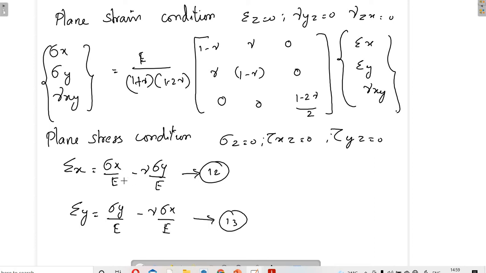Now I am going to eliminate the sigma y term as in the case of the previous derivation. So multiply the 13th equation with nu.